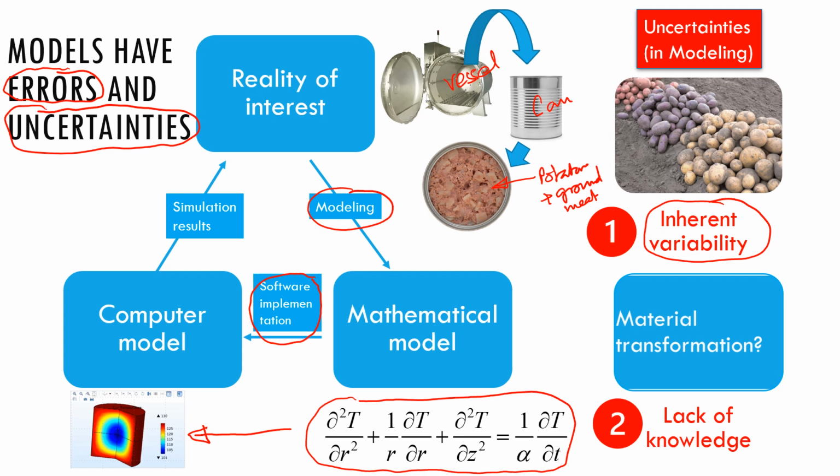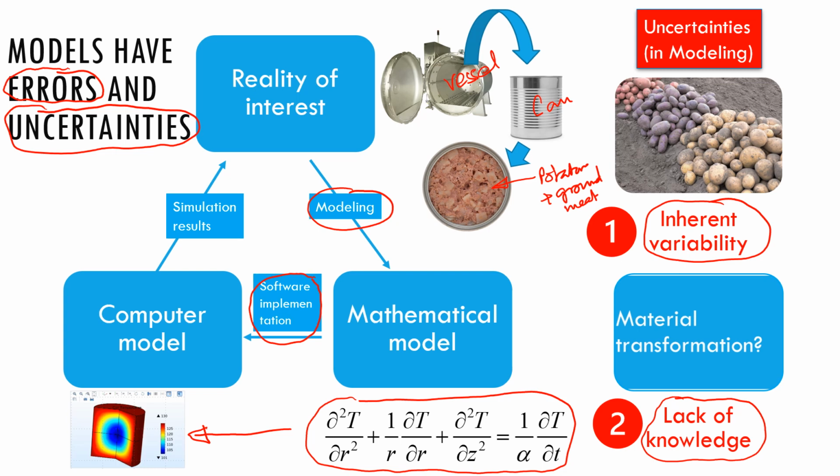We can also have inherent lack of knowledge and the uncertainty because of that. So lack of knowledge can be, for the material, the meat or the potatoes, do they go through material transformation? We may not know all of it at any given time.